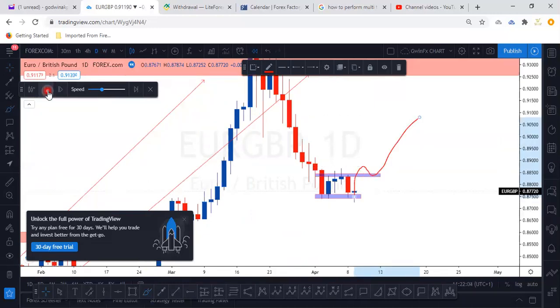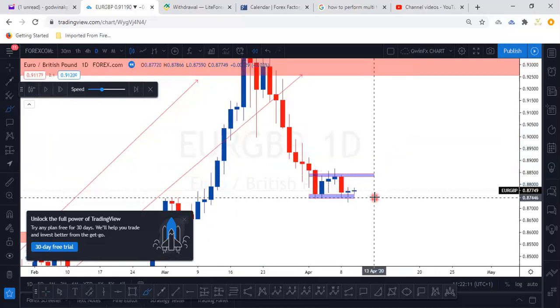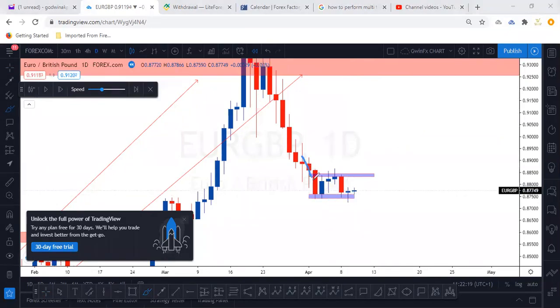Next day, indecision candle. Two indecision candles in a row, definitely it is a failed rally. Okay, so we see it as a failed rally. Drop, retest, should go up. So this is a failed rally: these two indecision candles forming at the support are a failed rally.